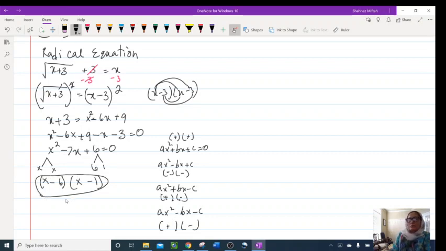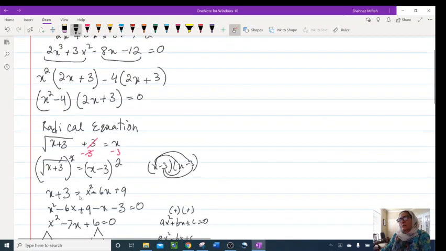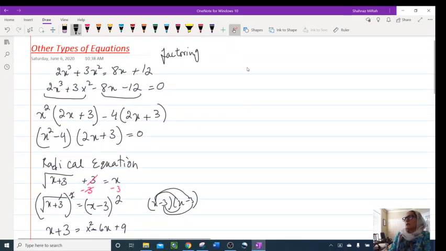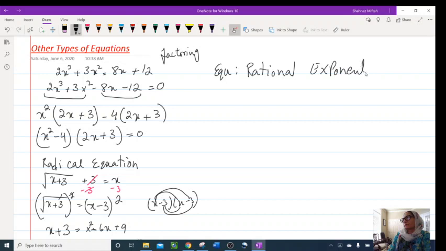Okay, let's do equations with rational exponents. For example, you have something like x to the power m divided by n.